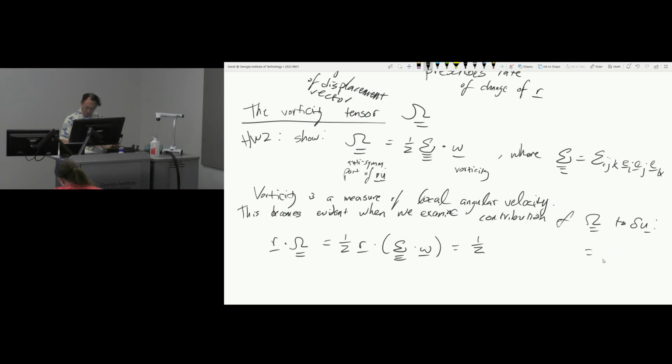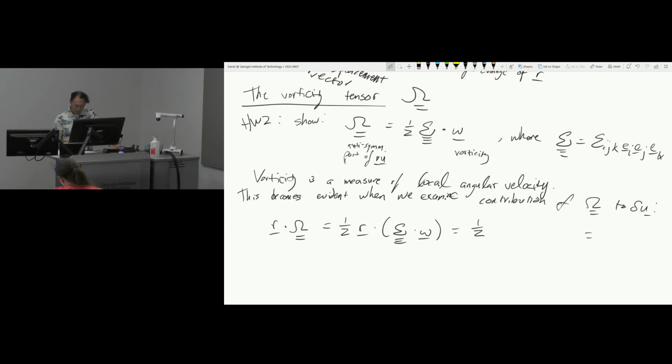I want to get something that has little omega and r. So substitute using that definition of big sigma, and then rewrite it back in vector notation at the end.